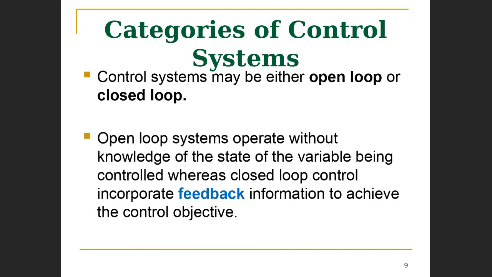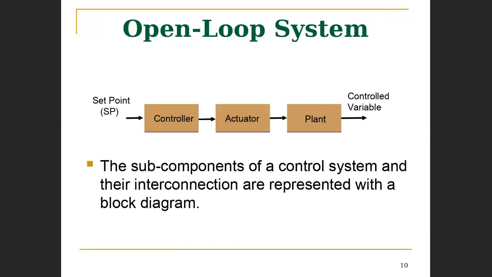Now, open loop systems operate without knowledge of the state of the variable being controlled, right? Whereas closed loop systems incorporate what is called feedback, which essentially is information about the control objective, all right? Two types, open loop and closed loop.